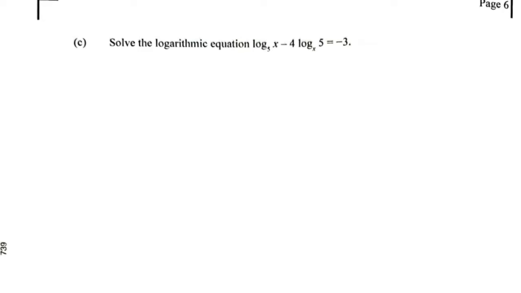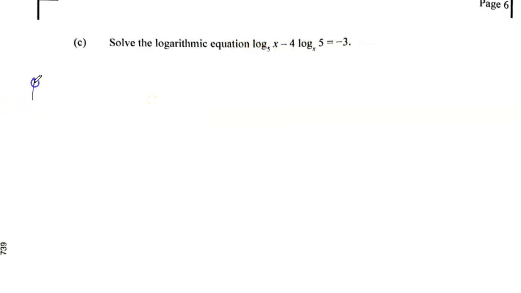So in part C, we're asked to solve a log equation, log x base 5 minus 4 times log 5 base x is equal to minus 3. So notice that the bases are different, so we first need to get both of them to be the same base. So let's rewrite it. I'm going to convert both of them now to base 5.